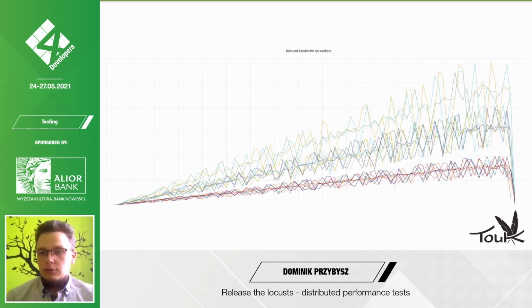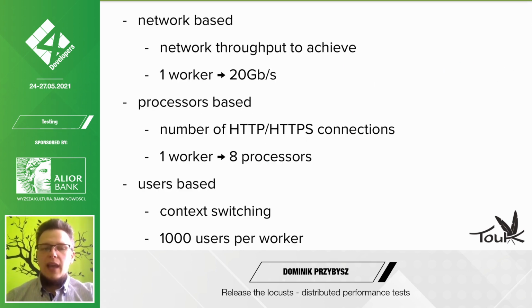So based on that information, how the machines look like, we have to calculate that, for example, when we wanted to generate big network throughput in the test, one worker could be virtually assigned to a 20 gigabits per second network card or 10 gigabits per second.